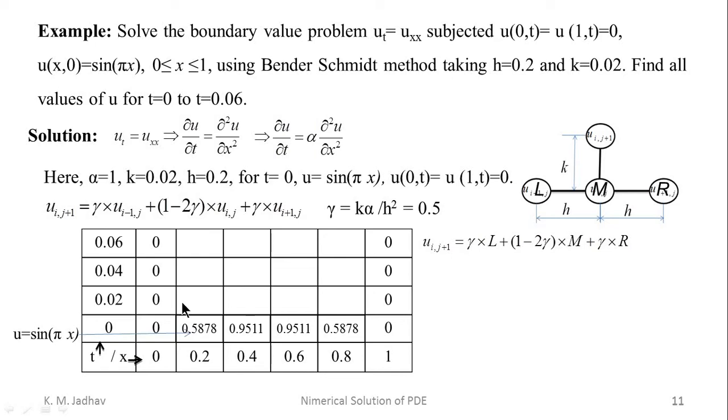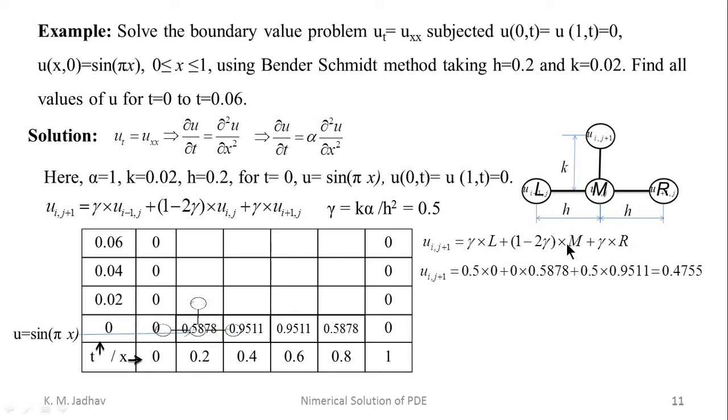So we will calculate u values one by one. To calculate the value at this point, we have to use these three values. If we use this formula, gamma is 0.5. So 0.5 into left side value, that is 0, so 0.5 into 0, plus 1 minus 2 gamma. Gamma is equal to 0.5, so 1 minus 2 into 0.5 is 0.